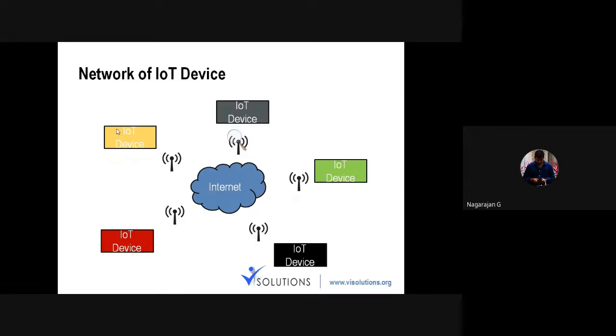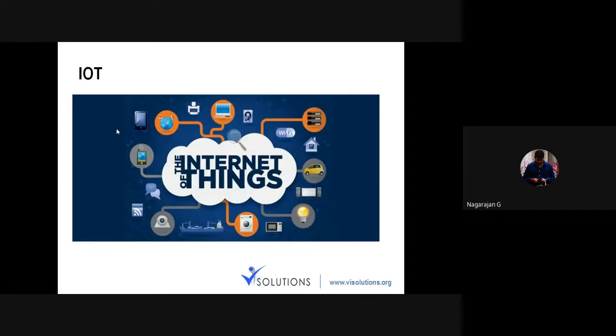Next, how can we form a network of IoT devices? Each and every IoT device has an option to share data through the internet, so you can form a network of IoT devices using the internet as a medium. Each IoT device can share information with one another in the network. These form your networks of IoT devices.